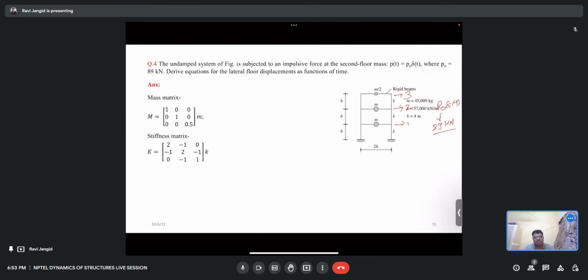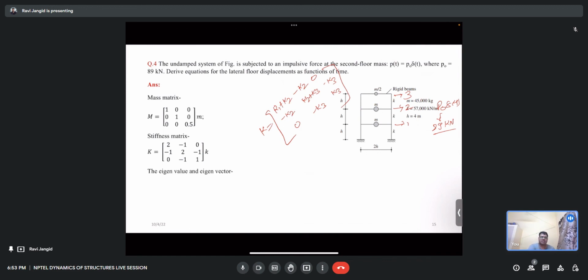Simply this. This is how you can calculate the stiffness matrix.